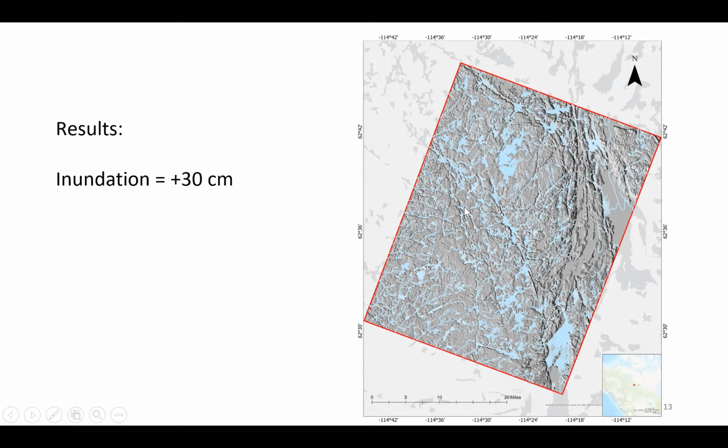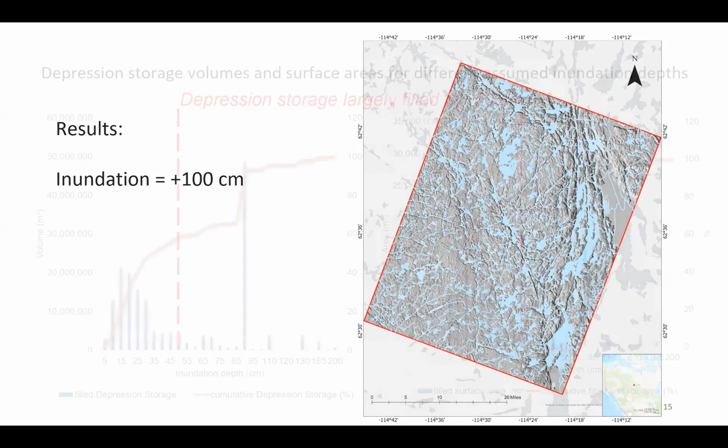Likewise, with a 30 centimeter increase, new streams are formed and a few more depressions are filled. With 50 centimeters, almost 90% of the depressions are filled and new streams are formed. And with a 100 centimeter increase, almost 99% of the depressions of the Baker Creek region are filled and new streams are formed.